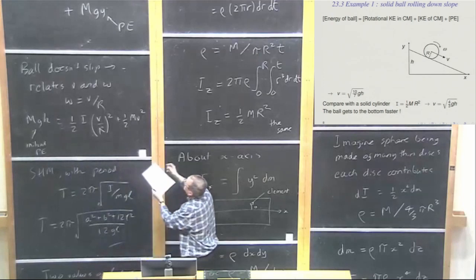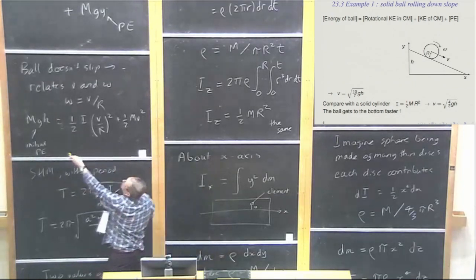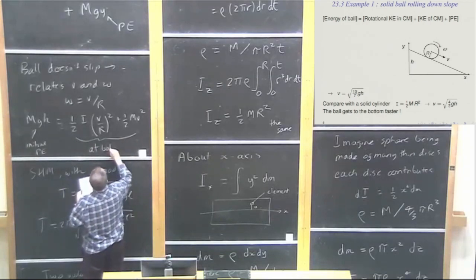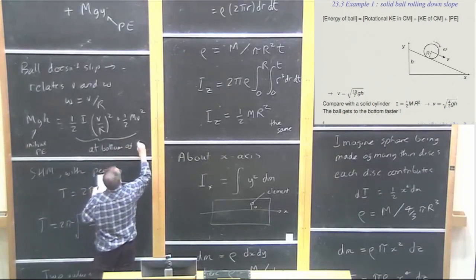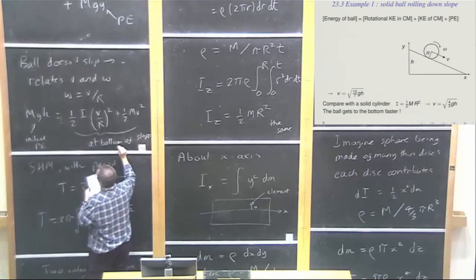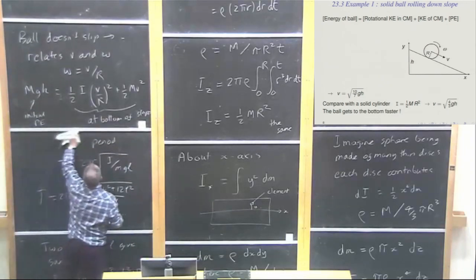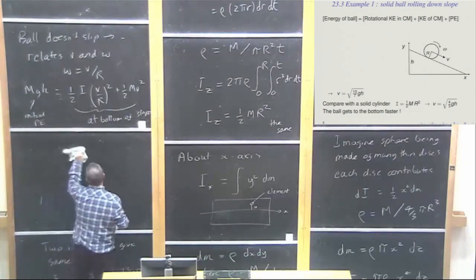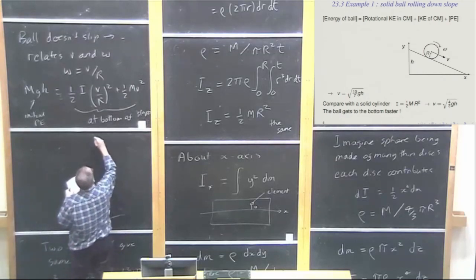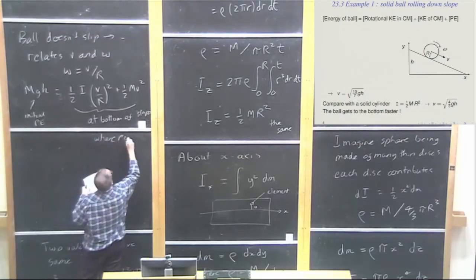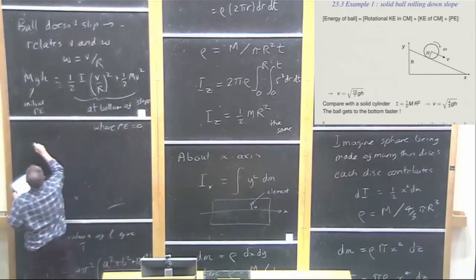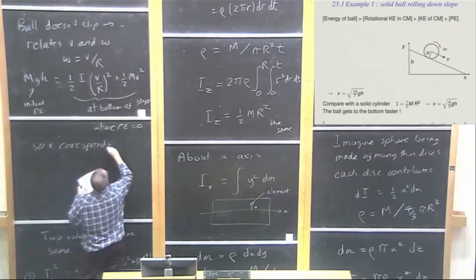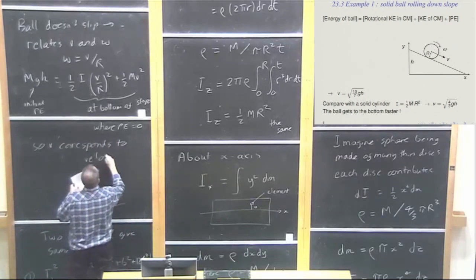I won't add any potential energy because I want this to correspond to the situation at the bottom of the slope, where the potential energy is defined to be 0. So the purpose of this exercise is to find the velocity at the bottom of the slope. It would have been useful if I had said that at the start. So v corresponds to the velocity at the bottom.